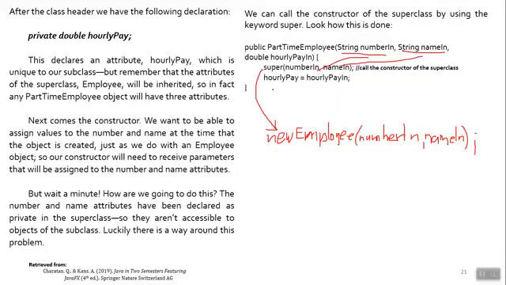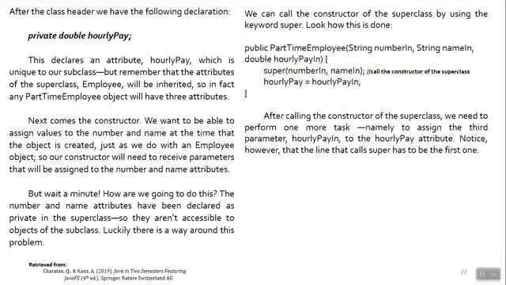And then another one is hourlyPay equals hourlyPayIn. Where did it come from? It's also included in our constructor of PartTimeEmployee. So next, after calling the constructor of the superclass, we need to perform one more task, namely to assign the third parameter, hourlyPayIn, to the hourlyPay attribute.